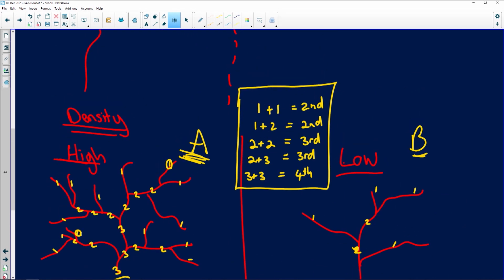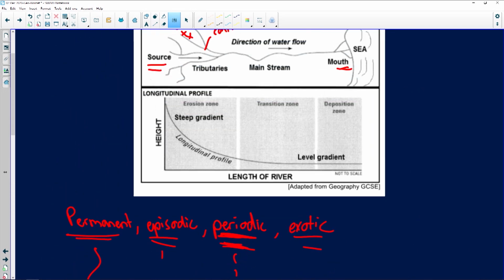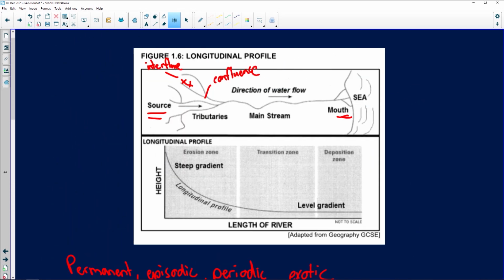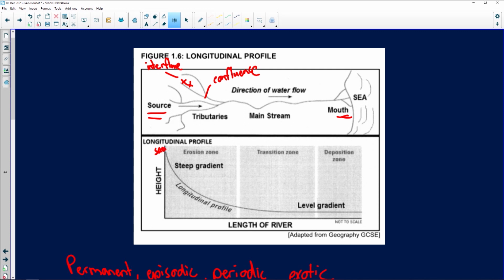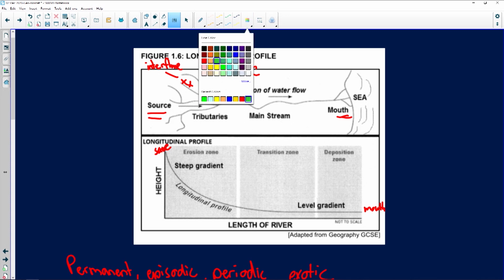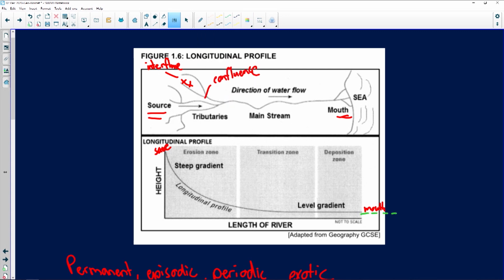Okay, now this is our longitudinal profile of a river. Now remember, there's the source, there's the mouth. Where the mouth is, we refer to it as the permanent base level of erosion.